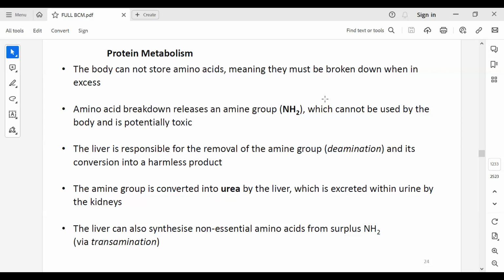And that's why you will see that in most chronic kidney disease, or even in acute kidney disease, their urea levels are increased, their creatinine levels are increased, because the kidney is not able to filter the urea out, and most of the urea remains in the body.